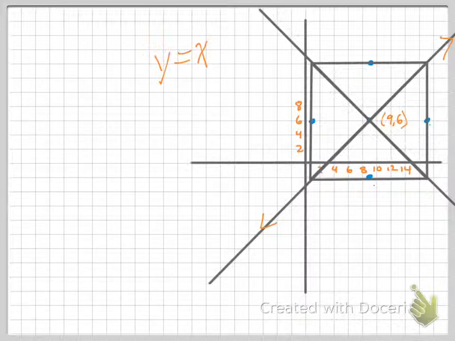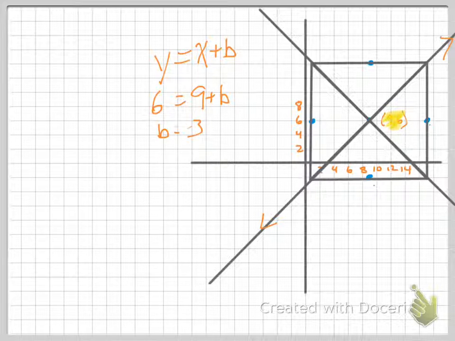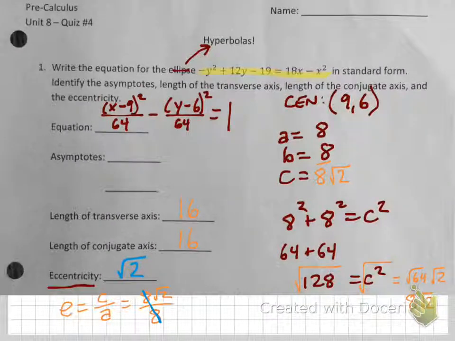And then to find that y-intercept, we can plug in our point 9, 6. Okay, it's got an x and a y value in it. So plug in the y value, plug in the x value, and solve for b. So subtract 9 from both sides. Our b value is negative 3. So our first asymptote is y equals x minus 3. Go ahead and fill that into our answer blank.